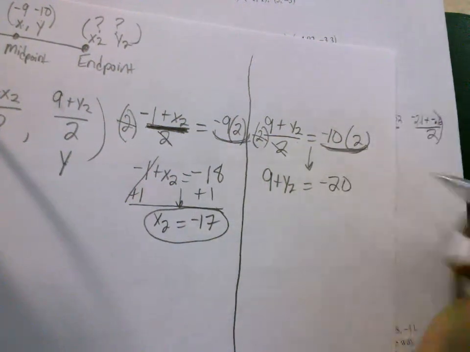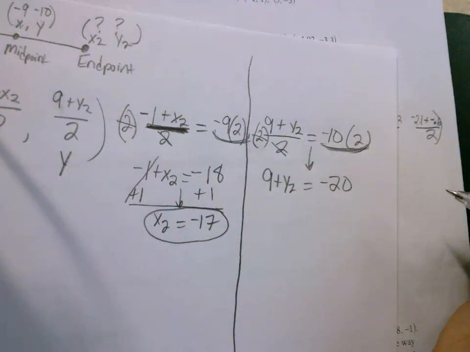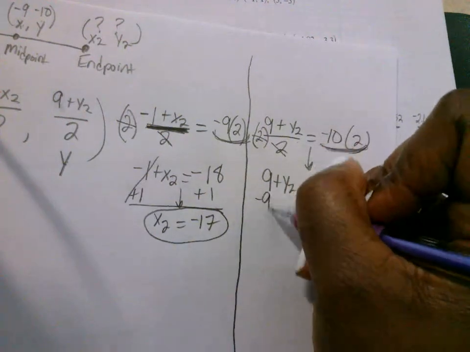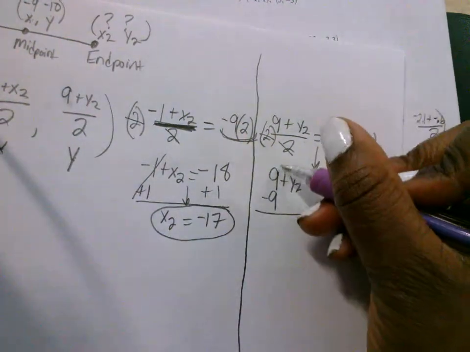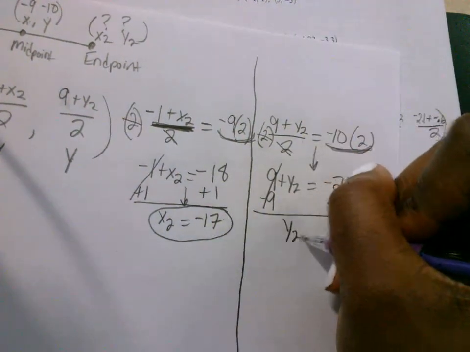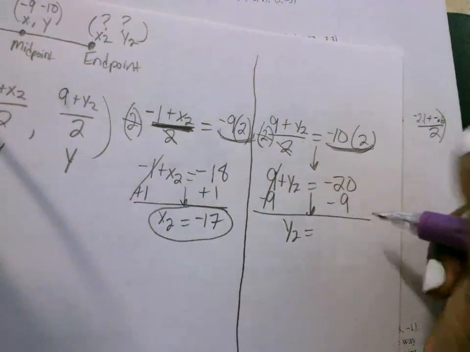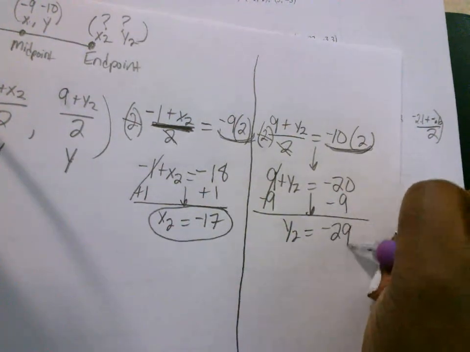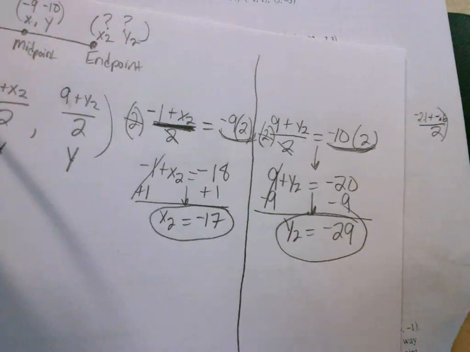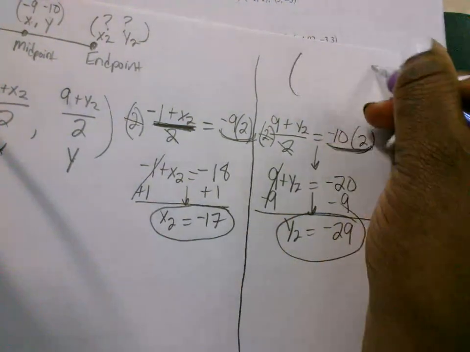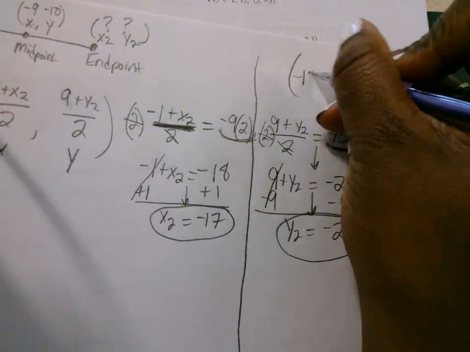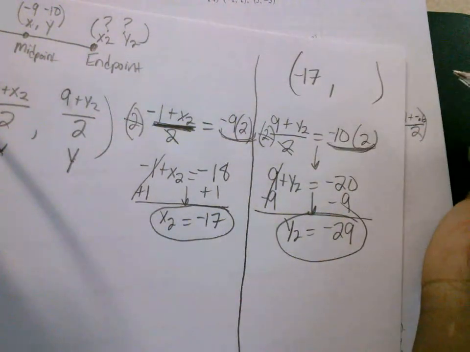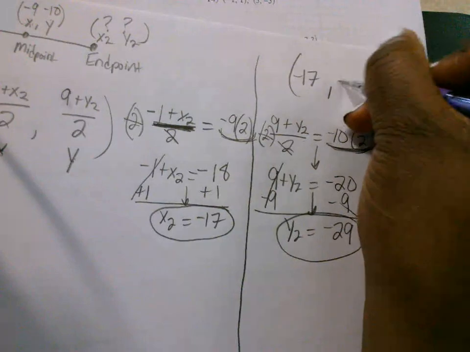Good job, babe. Now what are we going to do to get y2 by itself? Subtract 9. Excellent. Subtract 9 on both sides. This is gone, and we're left with y2 is equal to what over here? -29. So what is my endpoint? What comma what? X2 is -17, y2 is -29. So -17 comma -29.